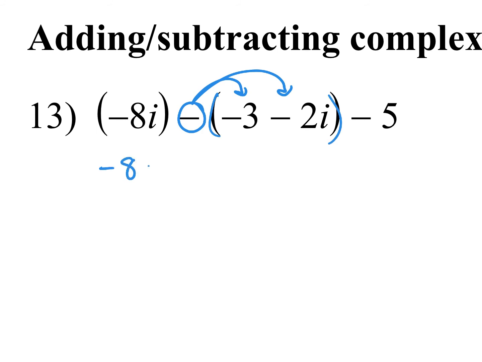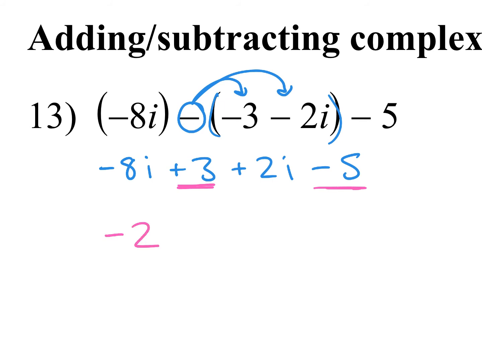So it's negative 8i. What happens when I distribute the negative to negative 3? It becomes a positive 3. And then what does the negative 2i turn into? A positive 2i. And then minus 5. So what are my real numbers here? So what's 3 minus 5?